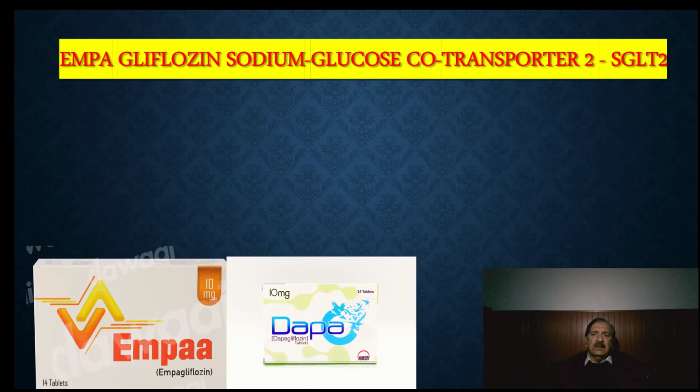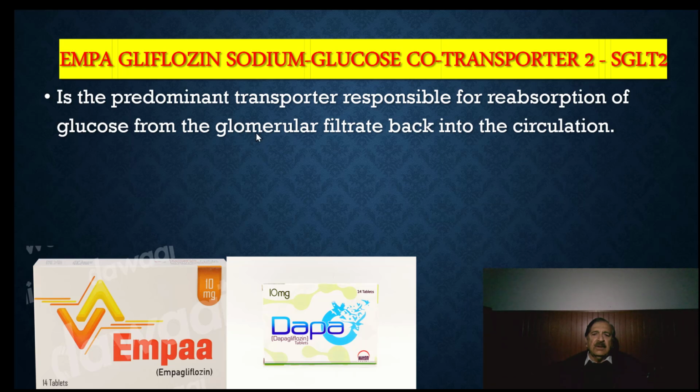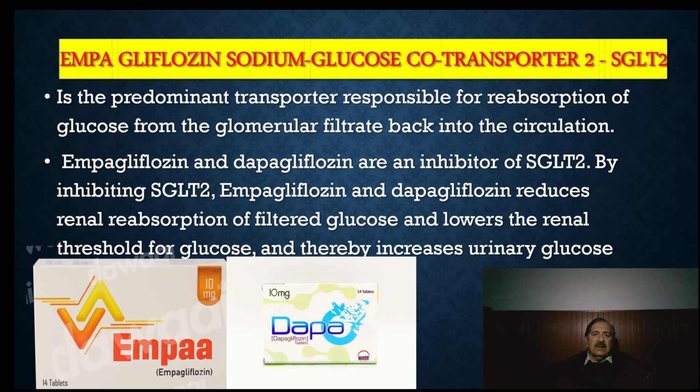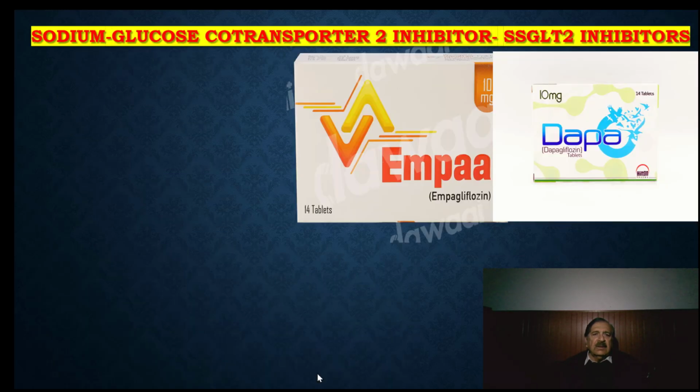SGLT2 inhibitors. SGLT2 is the predominant transporter responsible for reabsorption of glucose from the glomerular filtrate back into the circulation. Empagliflozin and dapagliflozin are inhibitors of it. By inhibiting it, they reduce renal reabsorption of filtered glucose and lower the renal threshold for glucose, thereby increasing urinary glucose excretion.